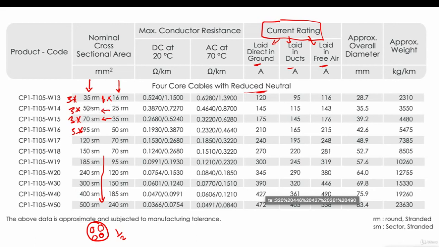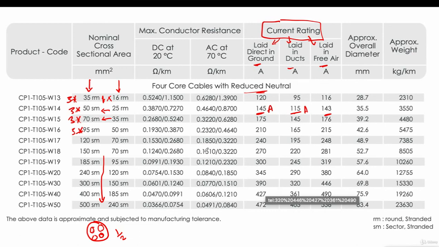Let's take a look at 3 cores of 50 square millimeters with 25 square millimeters neutral. It can load 145 amperes when it is laid direct in ground, and it can load 115 amperes when it is laid in duct, and it can hold or load 143 if it is laid in free air.